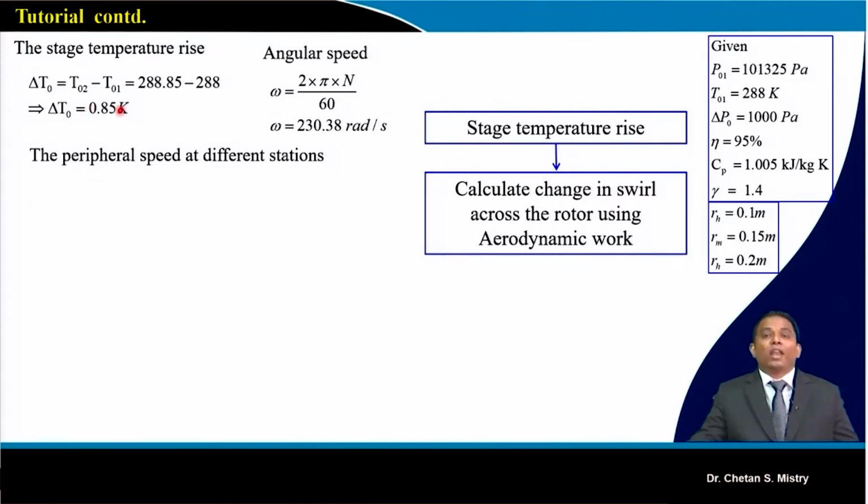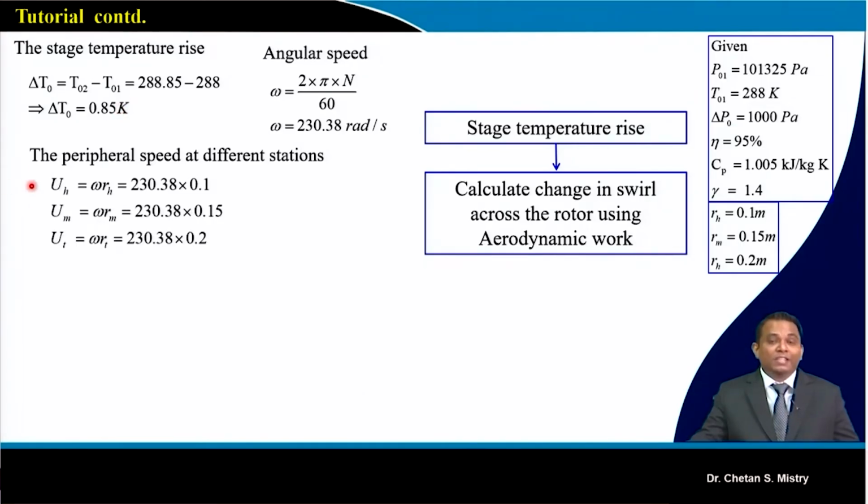Now let's try to calculate my peripheral speed at different stations. In order to calculate, my peripheral speed at the hub is my angular speed into hub radius, my angular speed into mid radius, my angular speed into tip radius.